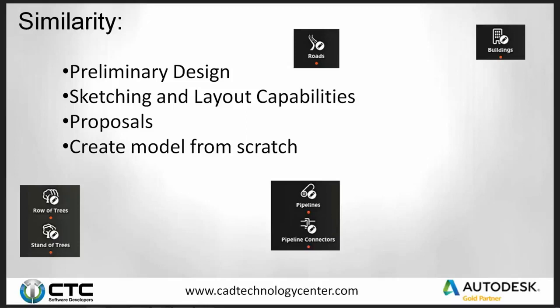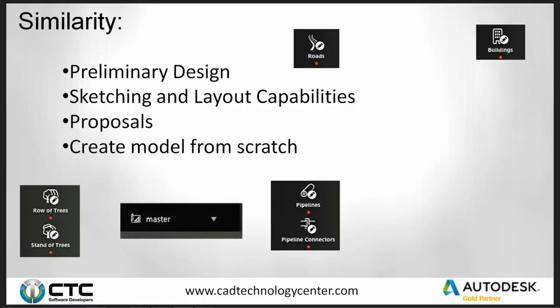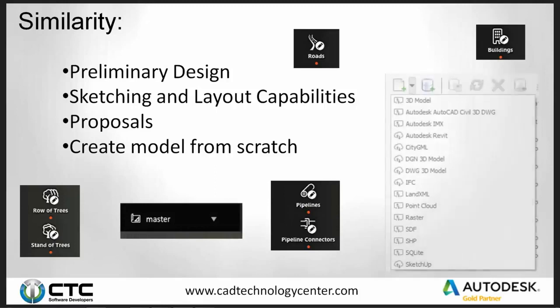I'm able to put in structures, and I'm able to put in pipe. I still have the capabilities of creating proposals. And then, as always, I have the ability to insert individual pieces of information from scratch. So I can insert a shape file, an SDF file, a raster image, a 3D model. I can bring things in one at a time.